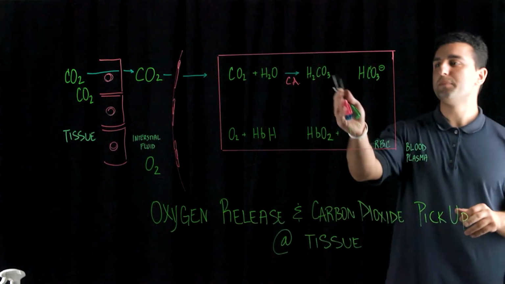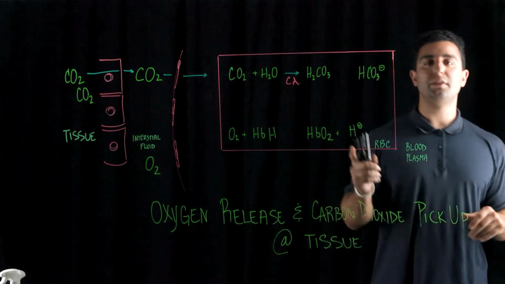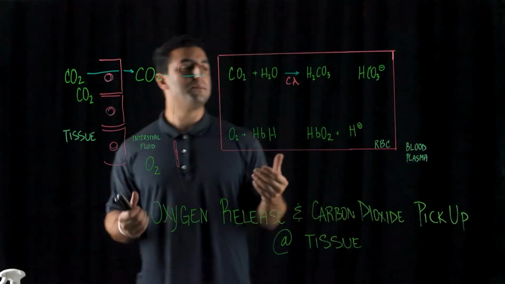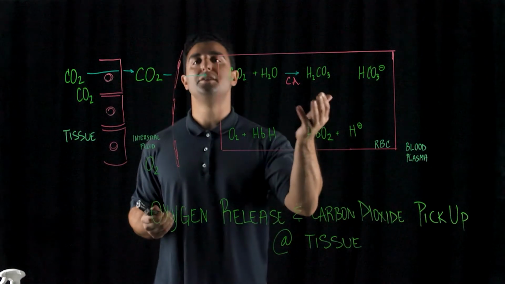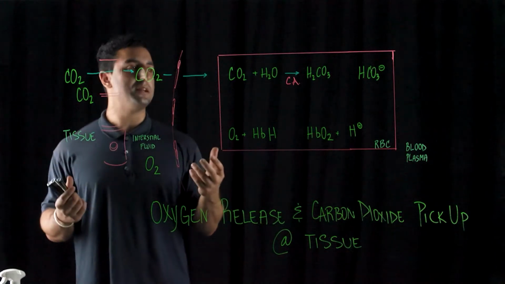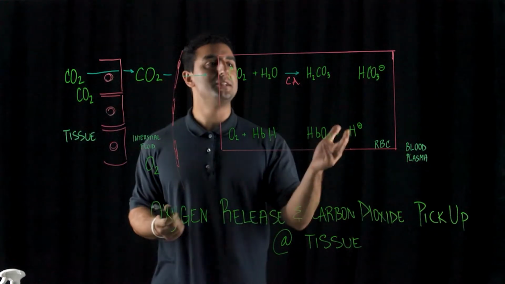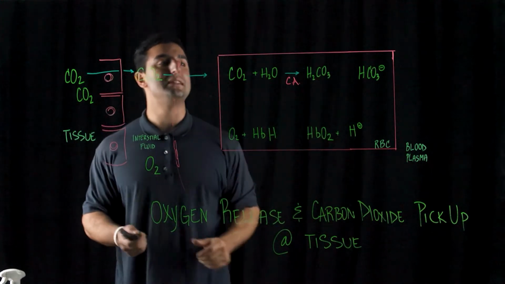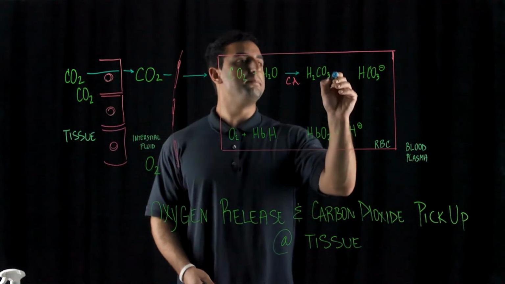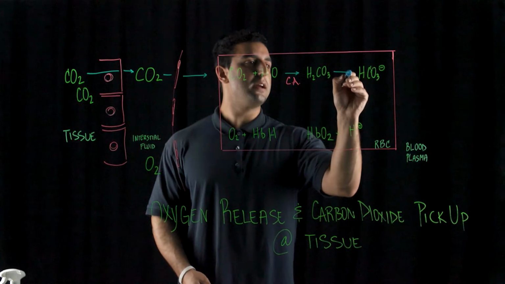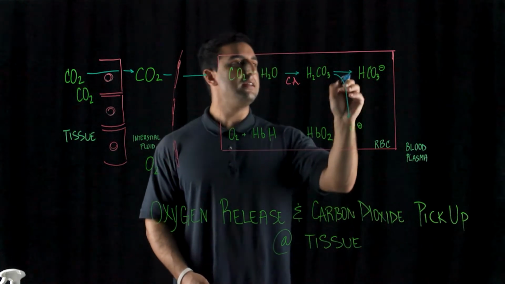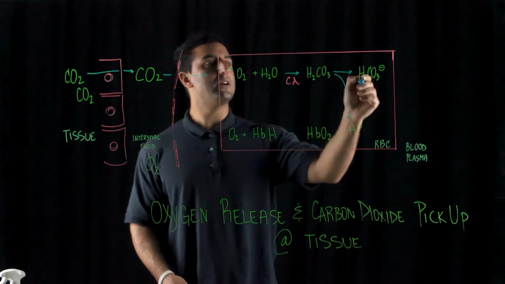If we look here at carbonic acid, what you have to realize is that in the blood plasma there is a high prevalence of water. The definition of an acid is a proton donor. So when it's in a polar medium, for example blood, which has water, it dissociates immediately. It doesn't remain in this stable form. These bonds break, so one of the hydrogens gets released and you have bicarbonate formed.